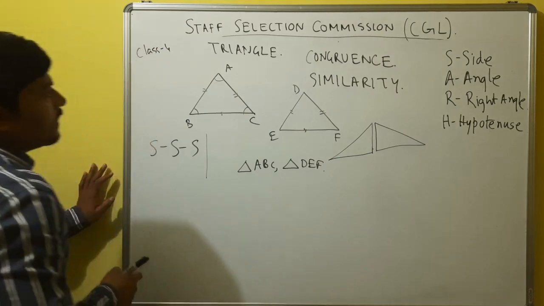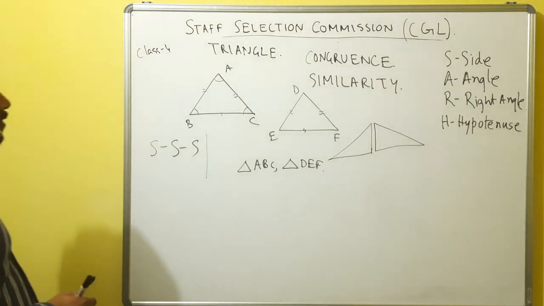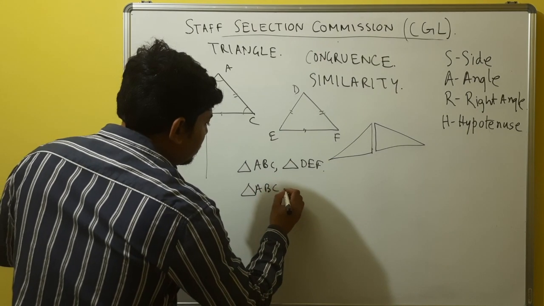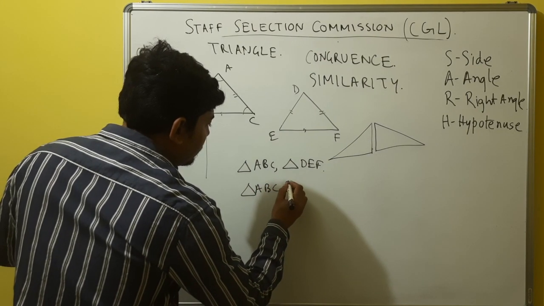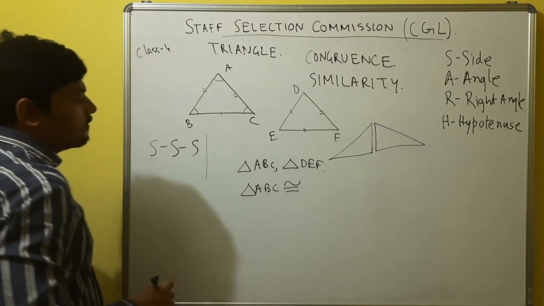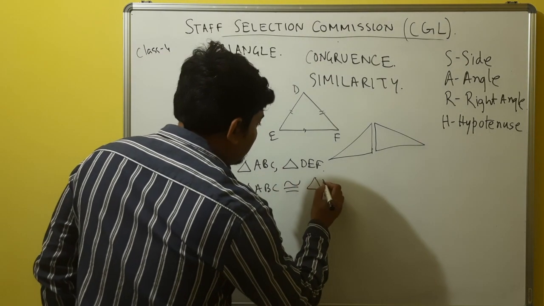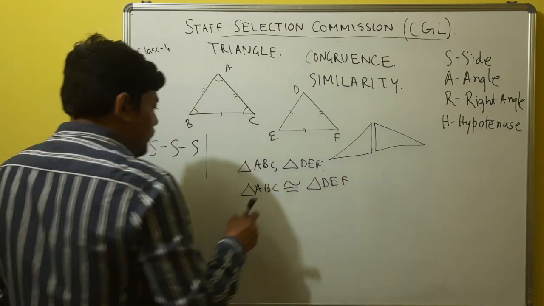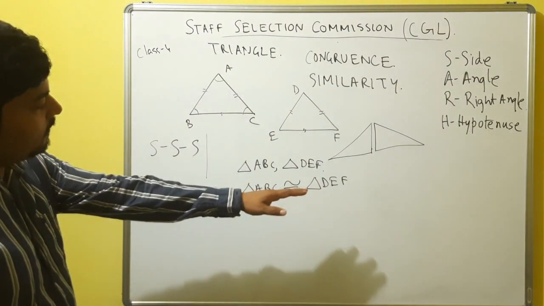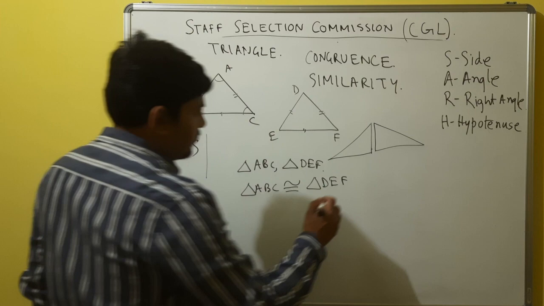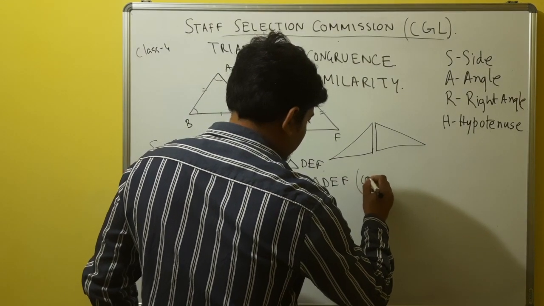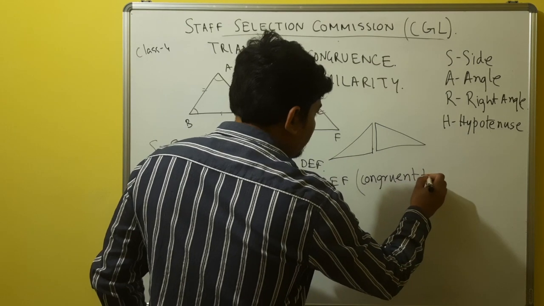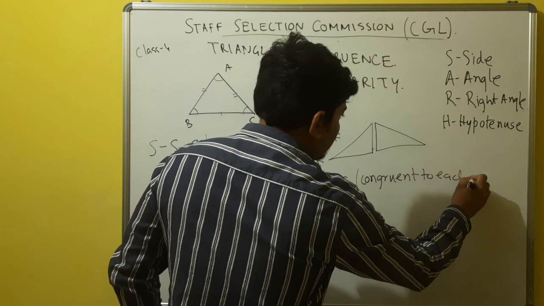When two triangles are congruent to each other, we write ABC, then an equal sign with a tilde sign on top, then DEF. So then we call them congruent to each other.